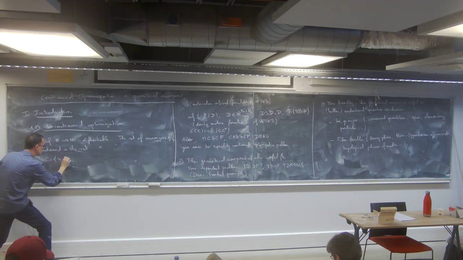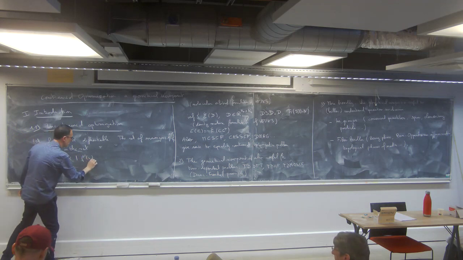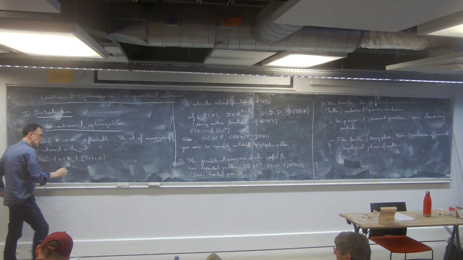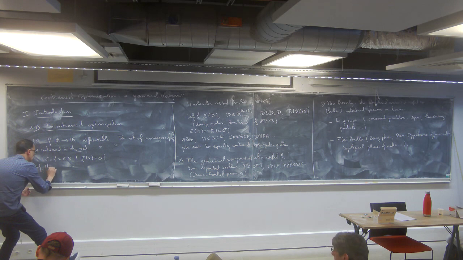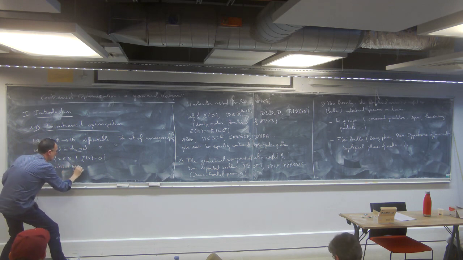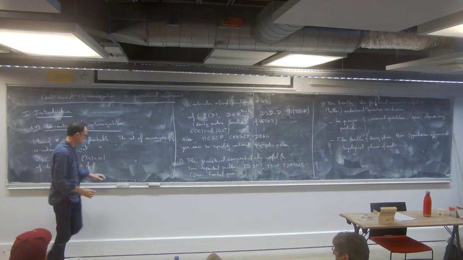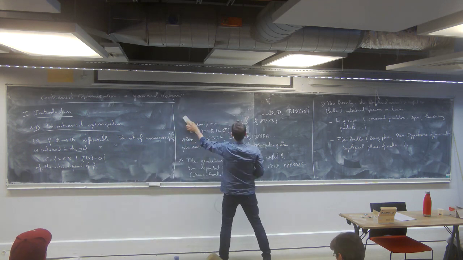That's the set of x in R such that the derivative of f at point x is equal to 0. Okay, so let me make a picture.